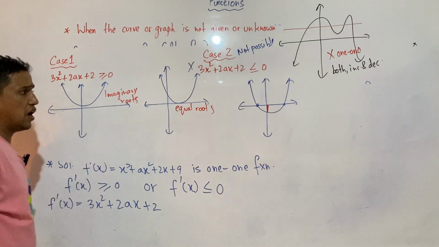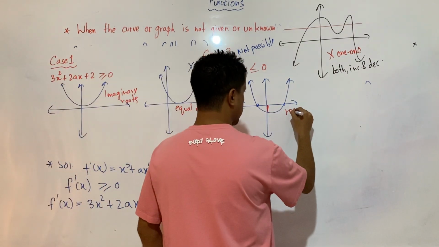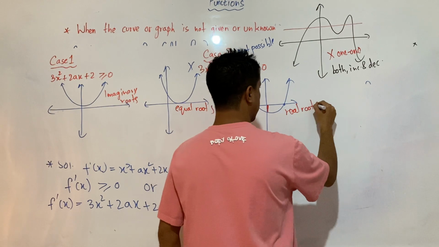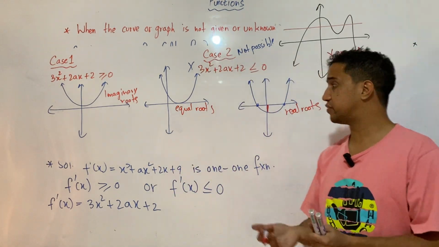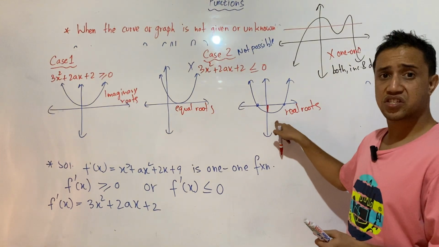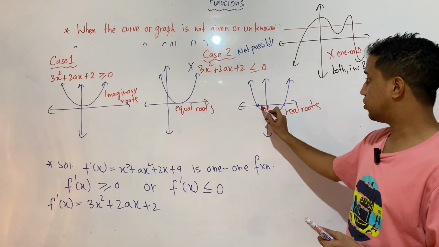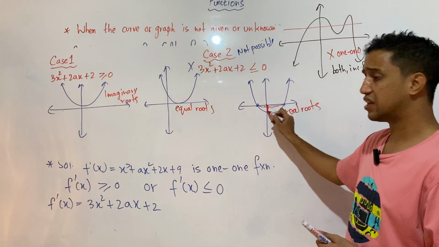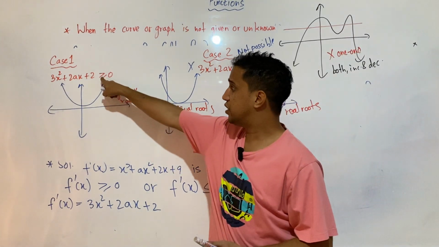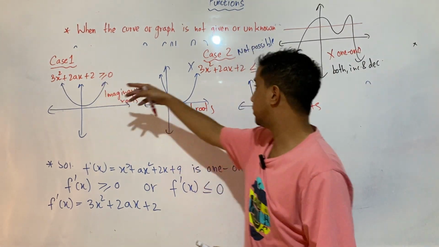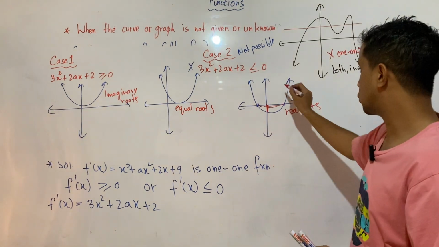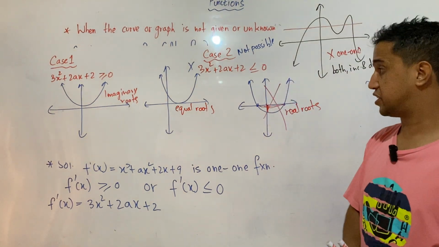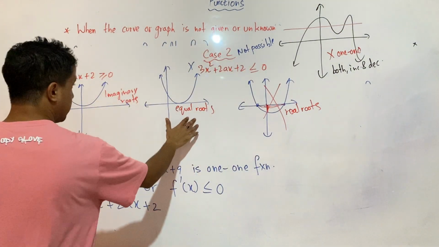When you have real roots here, then the value of this quadratic is going to be less than 0. Look here, in this interval it's less than 0, but only this is going to be possible. This is not possible in this case, so we are not going to accept it. So only two possibilities are left.